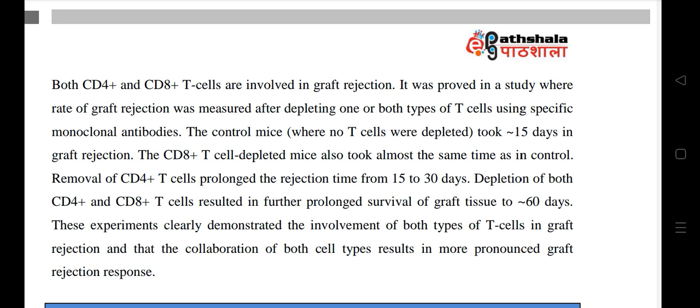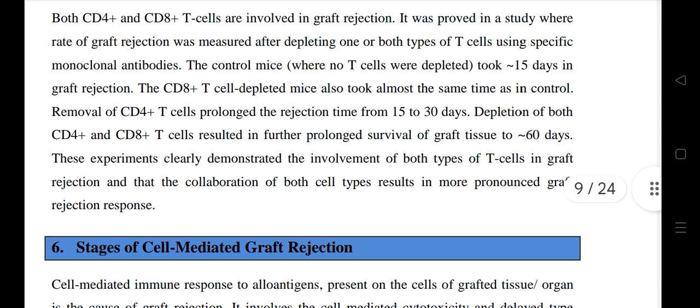Removal of CD4 plus T cells prolonged the rejection time from 15 to 30 days. Depletion of both CD4 plus and CD8 plus T cells resulted in further prolonged survival of graft tissue to 60 days. These experiments clearly demonstrated the involvement of both types of T cells in graft rejection, and that the collaboration of both cell types results in a more pronounced graft rejection response.